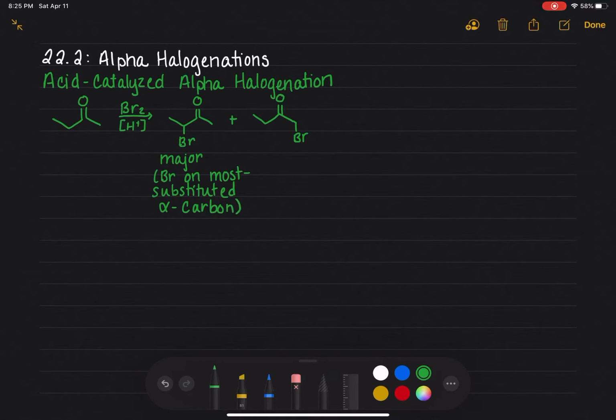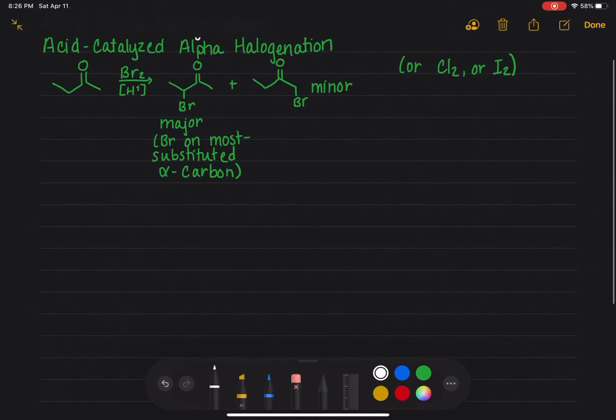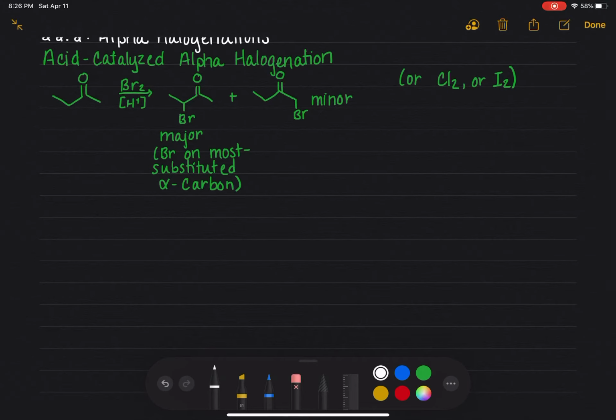But we do make both products, so this is our minor product. And we could do this reaction easily with chlorine or with iodine. So it's a great way to stick a good leaving group on a molecule if that's what you would like to do. Let's draw the mechanism for this reaction, because the mechanism is pretty simple.